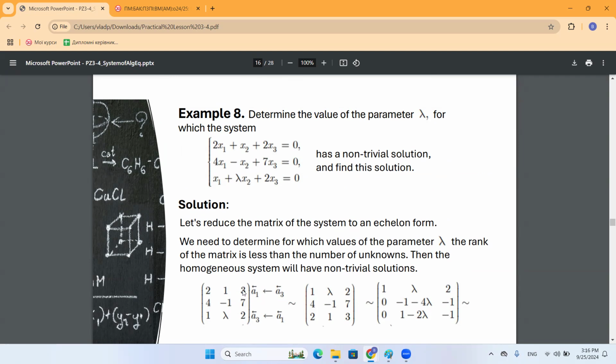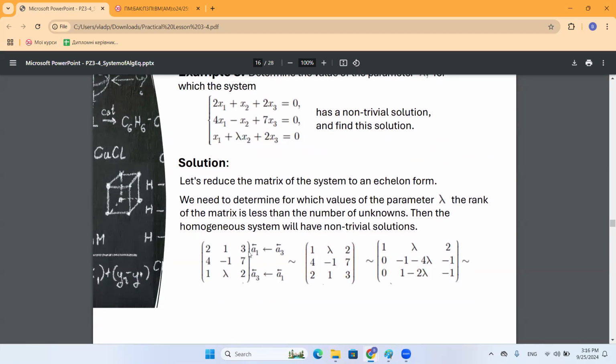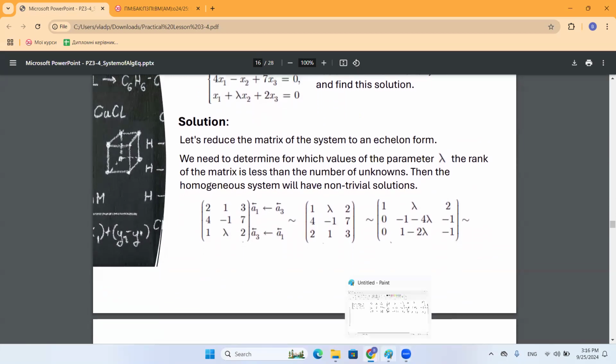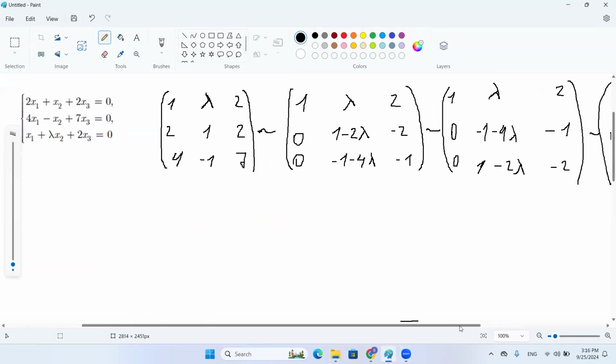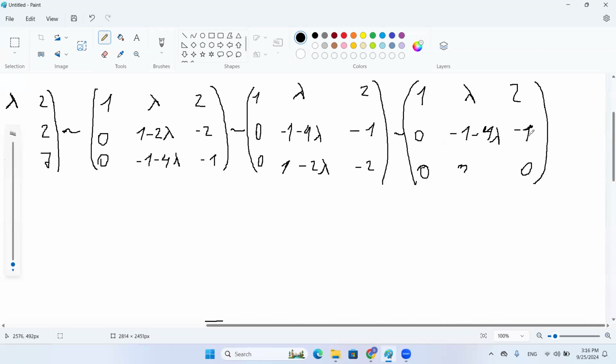I'm looking here and something is not correct. I should have checked it. Okay, so now let's continue elimination. So 1 plus 6 lambda.